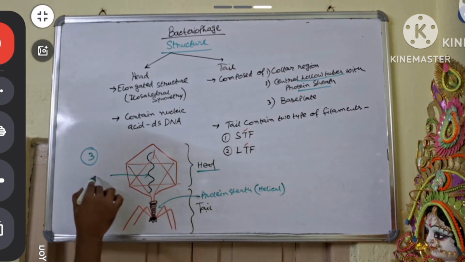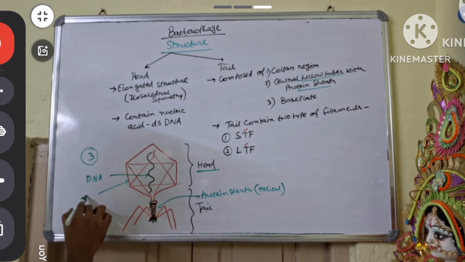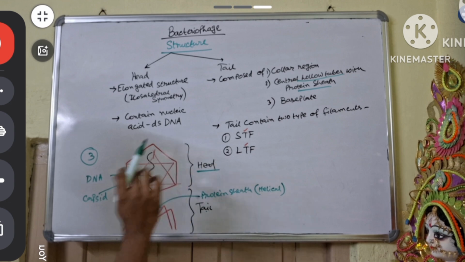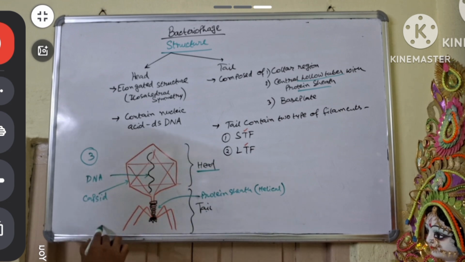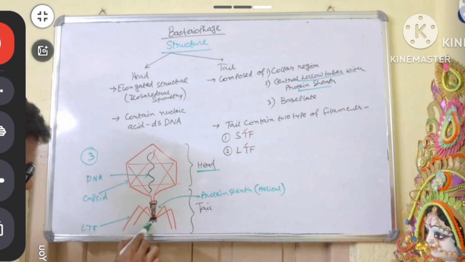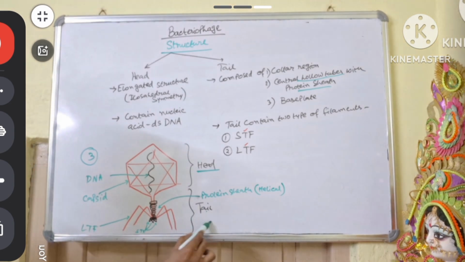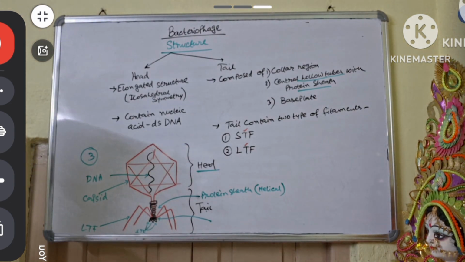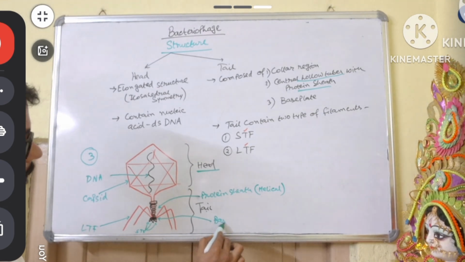This is the nucleic acid, genomic material, DNA. Outside is the capsid. No envelope is present, that means non-enveloped. These are LTF, long type filament. And these are short type, STF. And this is held by a structure known as base plate.